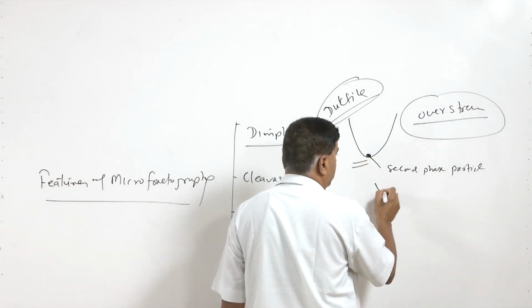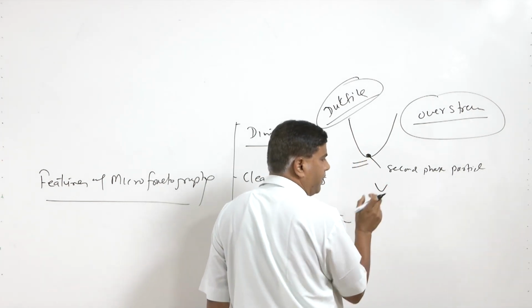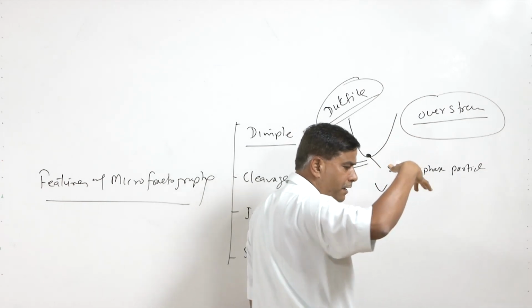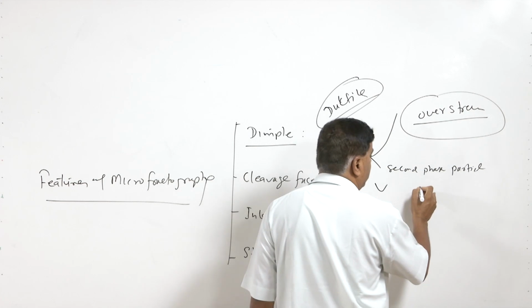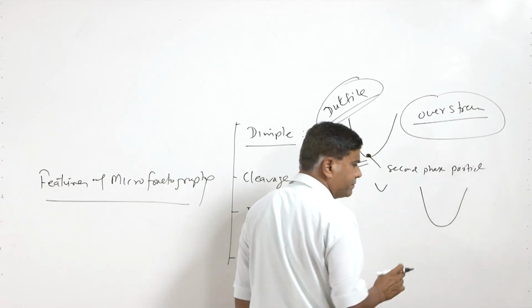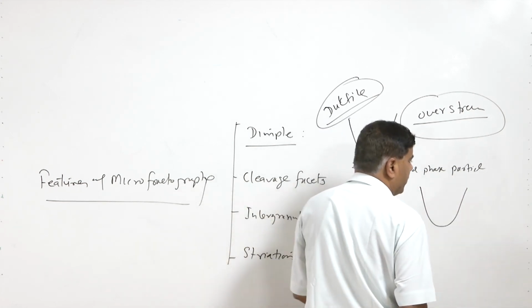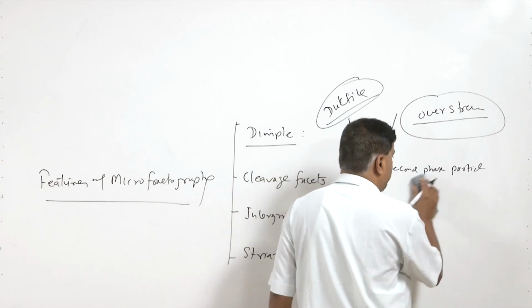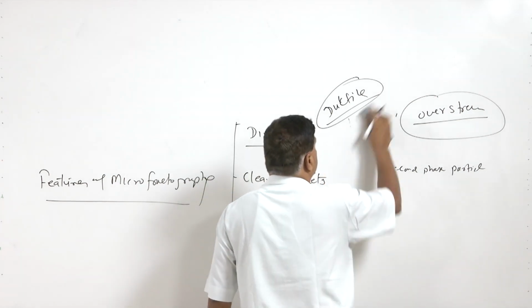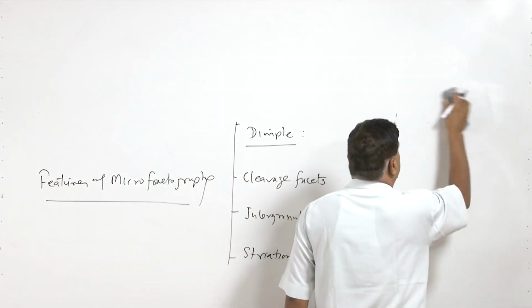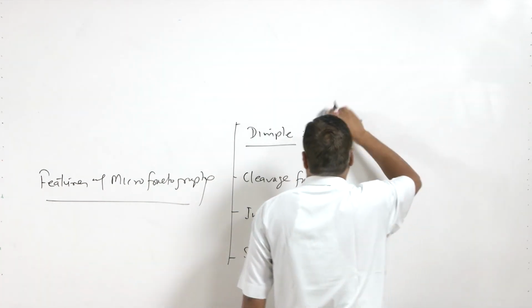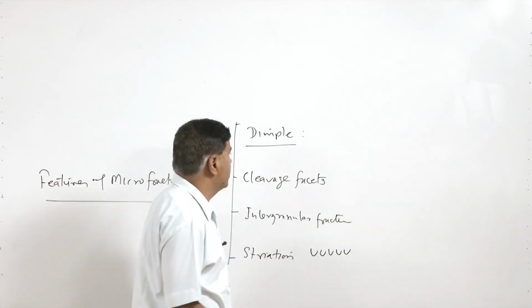When the dimples are shallow and fine, the loading capacity is high, but the ability to deform is limited, while when the dimples are large, coarse and deep, then yield strength will be low and ductility will be high. So, these are the kind of inferences about their ability to carry the load and the energy required to cause the fracture.